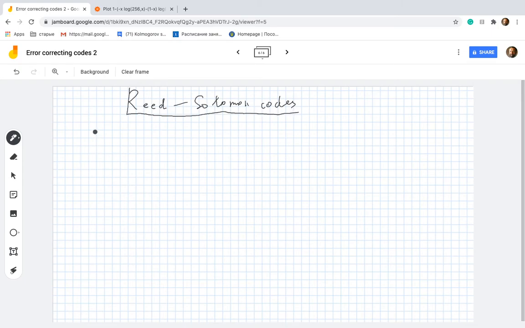So assume that q is at least the block length and is equal to the power of a prime, say p to the m, where p is a prime number. For example, q might be equal, say, to 29.